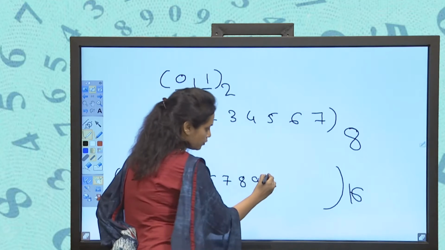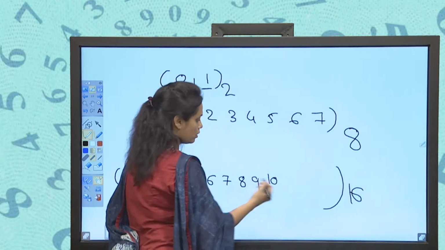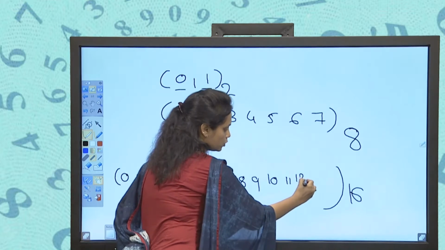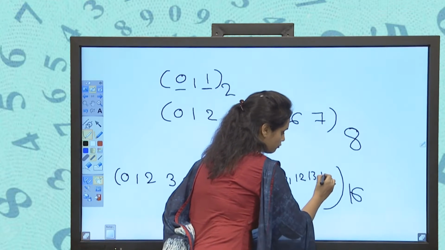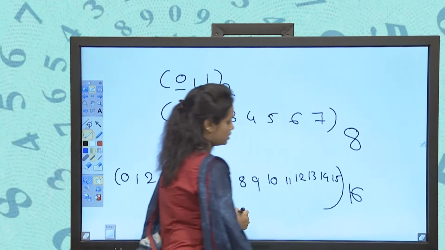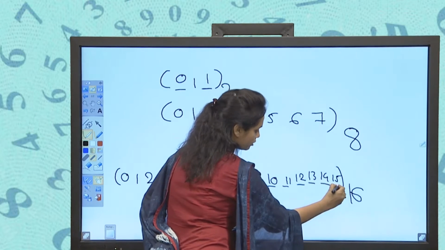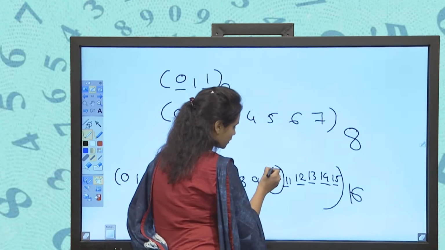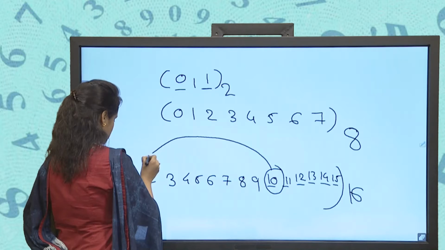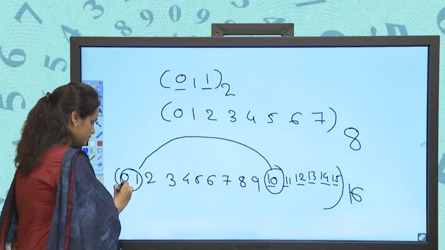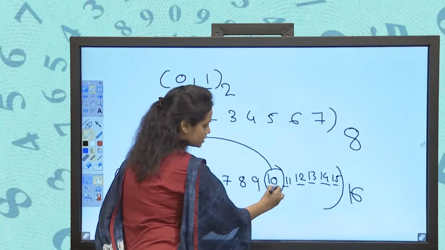Suppose we use 10, 11, 12, 13, 14 and 15. If we use 10, 11, 12, 13, 14 and 15, then your machine will not differentiate this 0 1 and this 1 0.